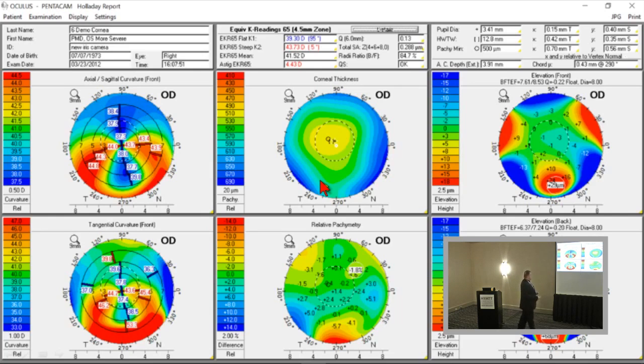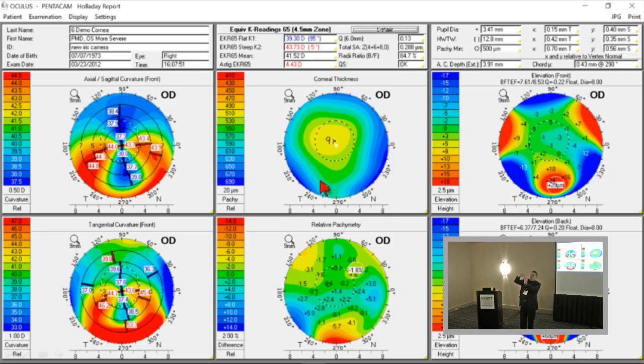What happens is, right down here in this area inferiorly, where it shows thin, they get a marginal thinning along that lower zone down in the bottom quadrant. That thinning begins to cause a weakness, and the cornea splays out a little bit, so that when it splays out, the profile comes along and then you get this sharp edge.